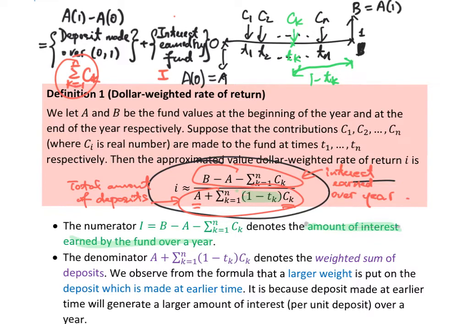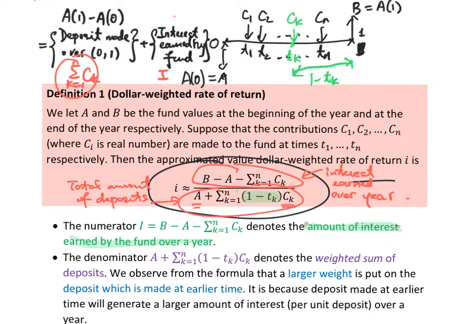Okay, and when we calculate this total amount of the deposit, we try to adjust the amount by this constant. So why is it so? Because we believe that if the amount stays in the account for a longer period of time, then we expect that it should earn more interest.